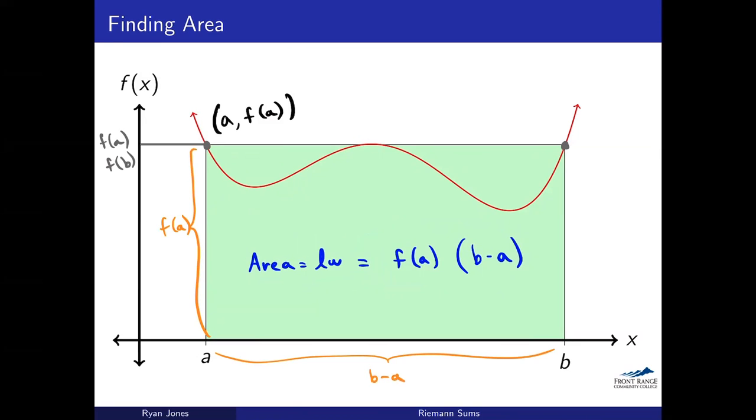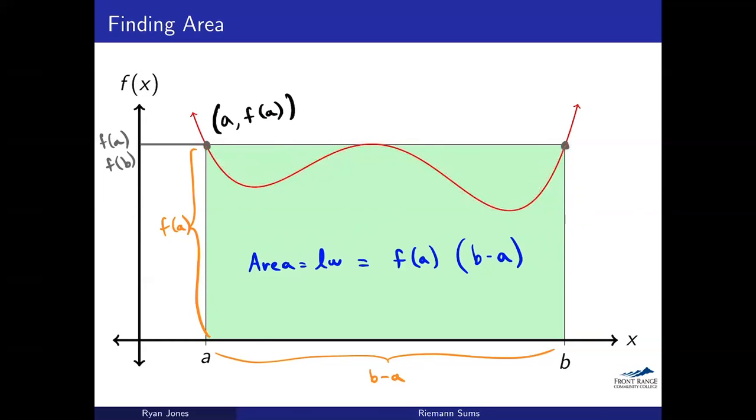Now, when we're looking at this, I noticed something bad here. All of this area that I've put in this highlighted red, that's extra area. That's counted extra, and it's not supposed to be there. I'm just looking for the area underneath this curve. So I should just be looking for the area underneath this highlighted red.